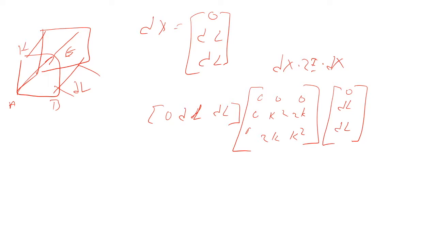And this is equal to the length squared in the deformed minus the length squared in the reference, right? And that gives us 2k plus k squared dl squared, right? And that'll be exactly the same for the other body diagonal, right?